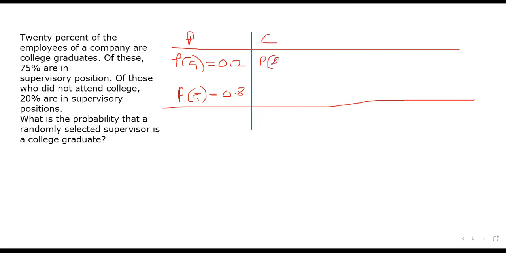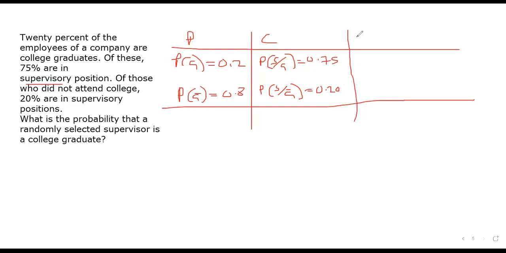So supervisors who are coming from a graduate, how many are they? 75% of graduates are in a supervisory position. So supervisor given graduates, 75%, 0.75. And we're also told that supervisors who did not graduate are 20%, so 0.20.